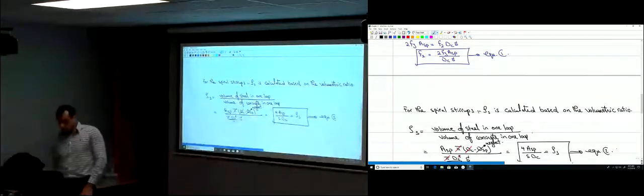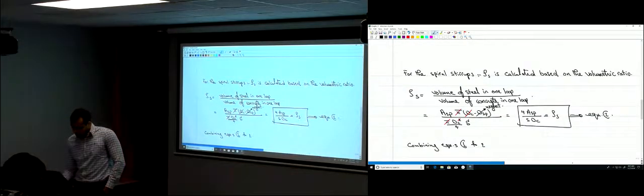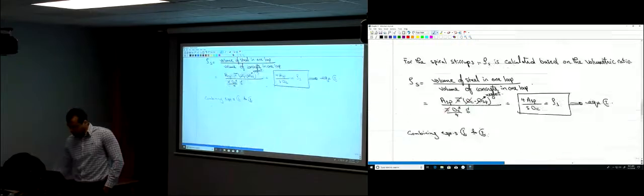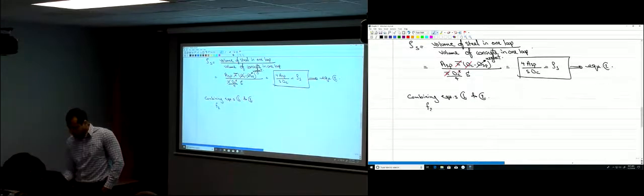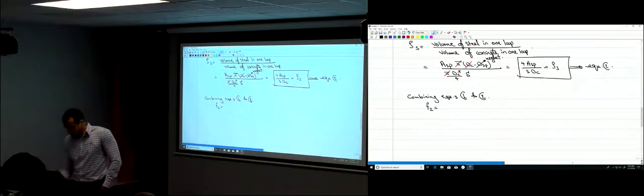So combining equation 1 and 2, you're going to find that F2, the confining stress, is F yield rho S divided by 2.